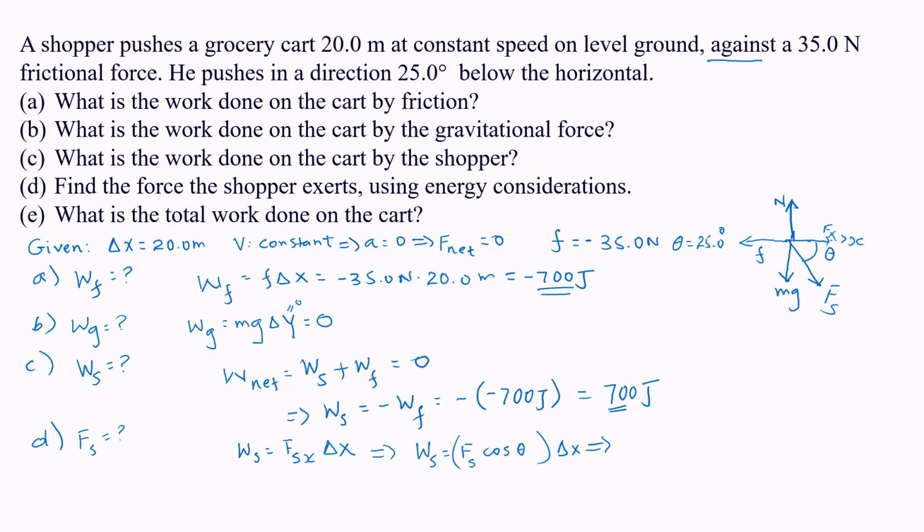Alright, and this implies that the force done by the shopper is equal to work done by the shopper divided by delta x cos theta. Plug in the numbers. Work done by the shopper is 700 joules, as calculated in C. Divide that by delta x, which is 20 meters, multiplied by cosine of negative 25 degrees.